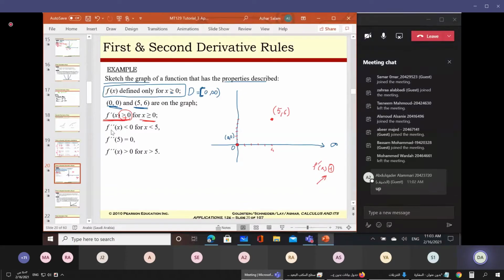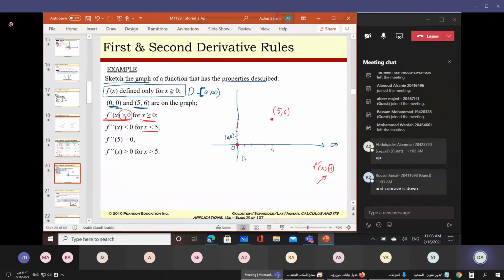Also here, I still have to find the concavity. I have here that for x less than 5, from 0 to 5, notice here I don't have equality, so I put here an open interval, the second derivative is negative.